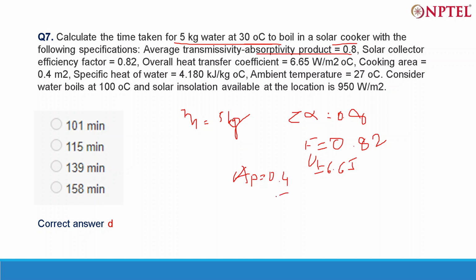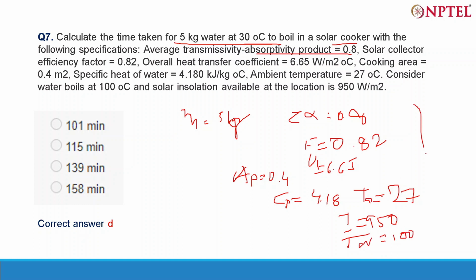CP is given as 4.18. TA is 27 and I is given as 950. TW is 100.